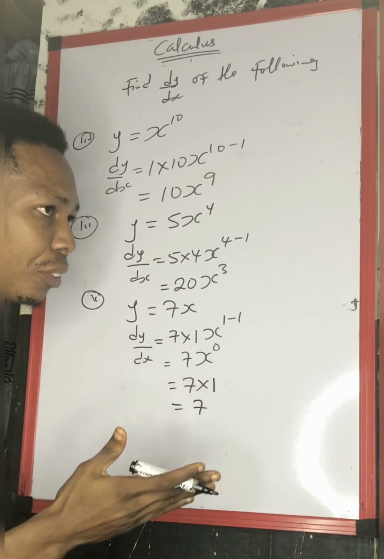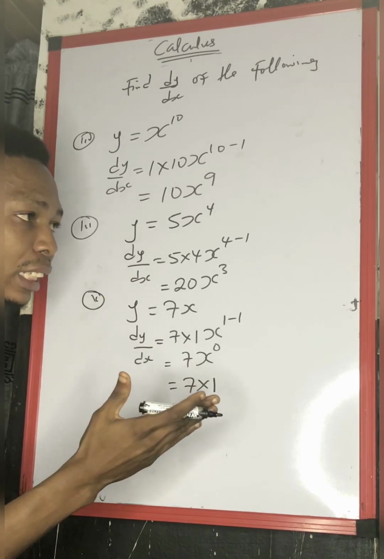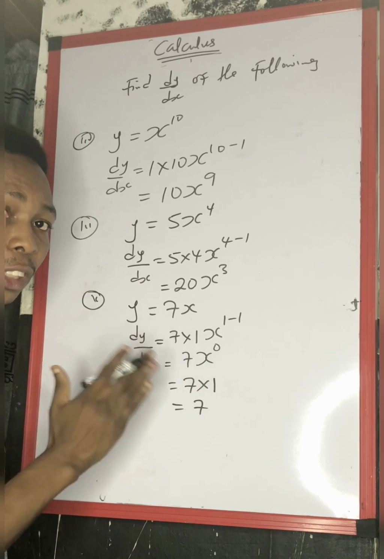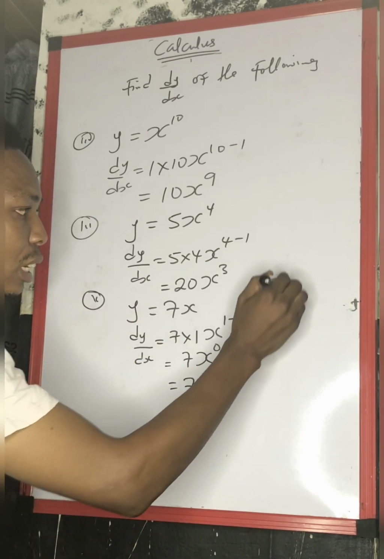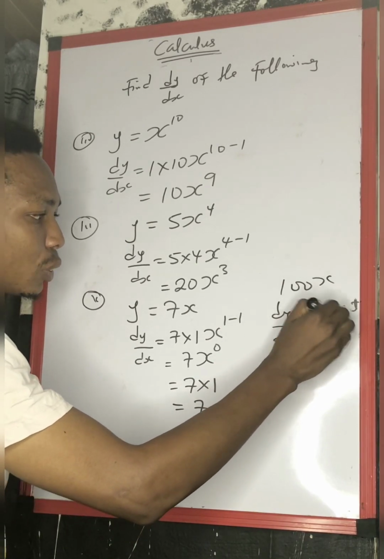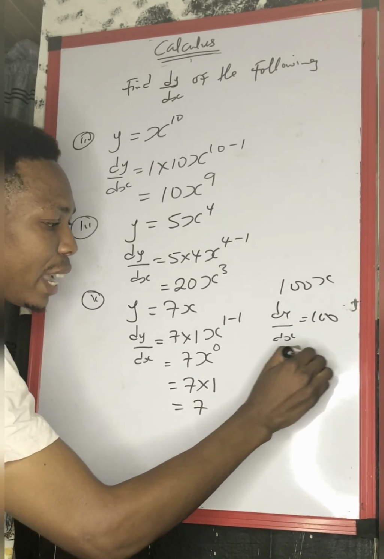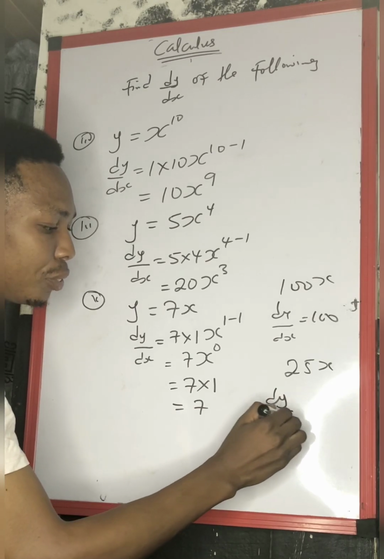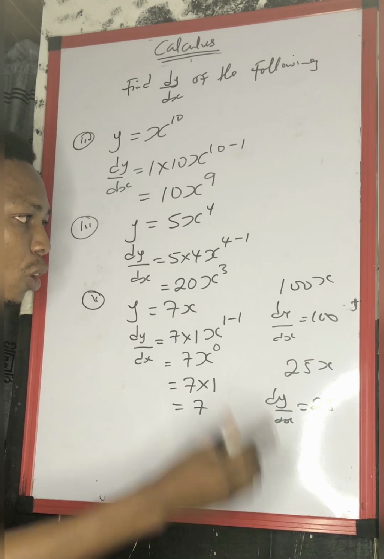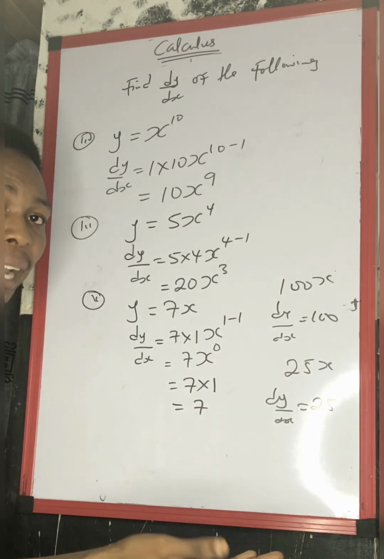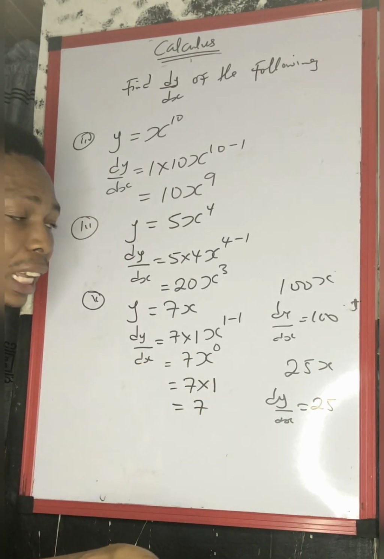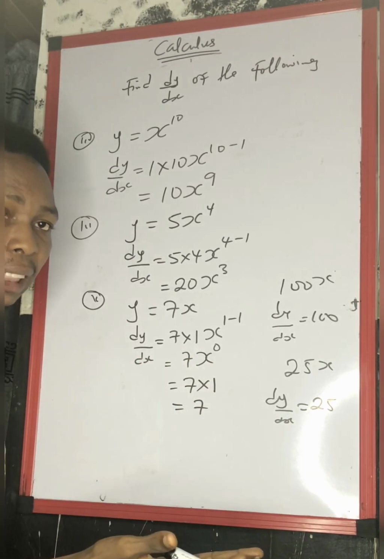Whenever you are differentiating any value with a variable, the differentiation still gives you that same value. If it's 100x, dy dx of it is 100. If it's 25x, dy dx of it is 25. So that's it. Don't forget the power has an invisible 1. 1 minus 1 you have 0, and anything raised to power 0 is equivalent to 1, and 1 times anything you have that same thing. All right.